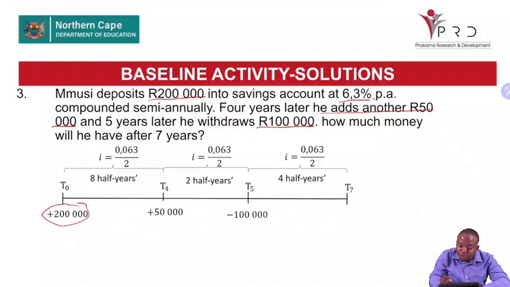Remember, we convert that 6.3 into 0.063 by dividing by 100, and we take that I and divide it by 2. What is this 2? The 2 is our compounding period, which is in this case semi-annually. When the compounding period is semi-annually, we divide by 2.